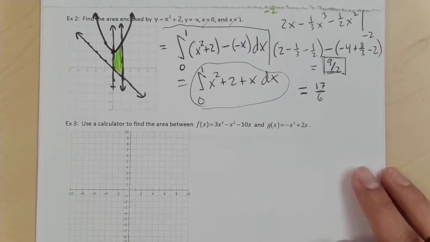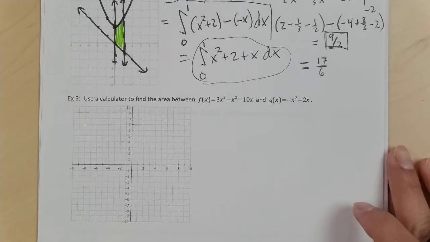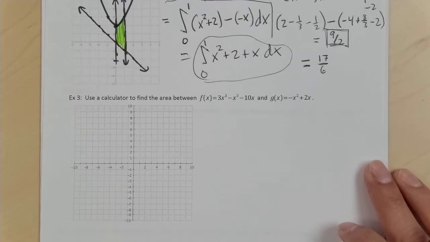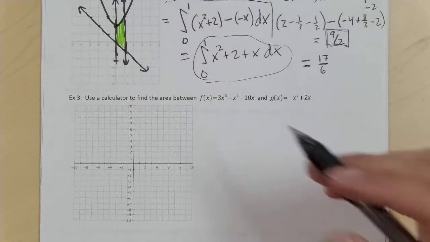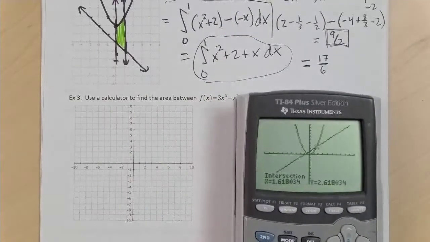All right, example 3. Use a calculator to find this area. Did you do this on calculator? Yes. But in this case, you'd have to do it twice, and here's the reason. Let's go ahead and graph these so we can see what's going on.